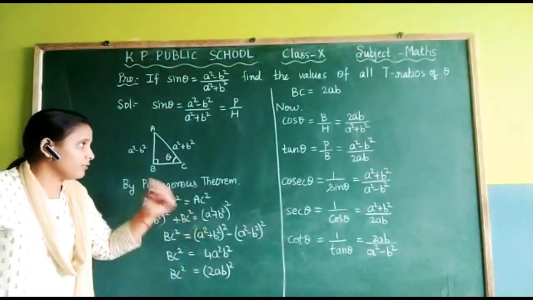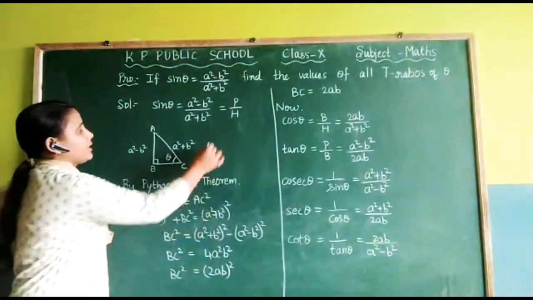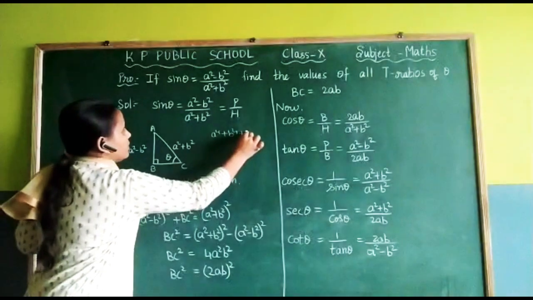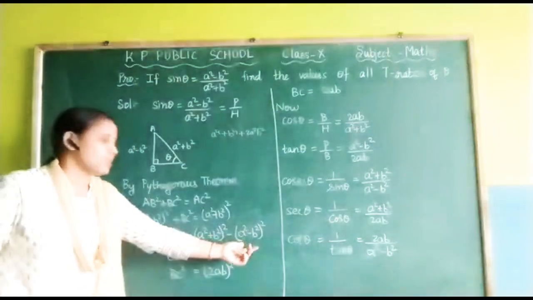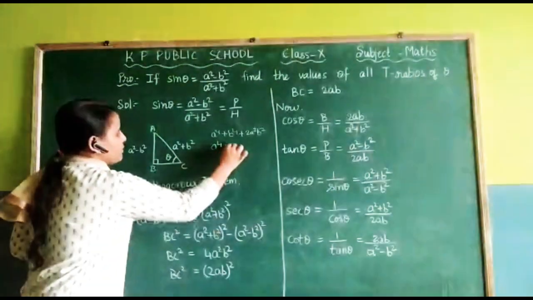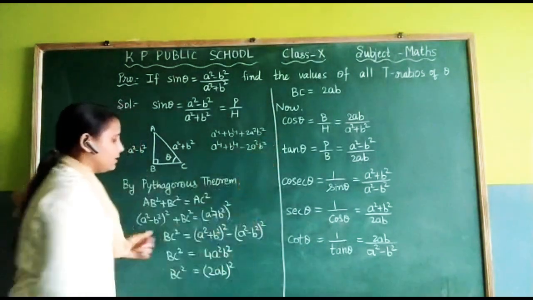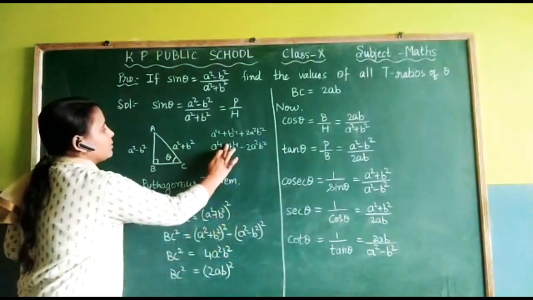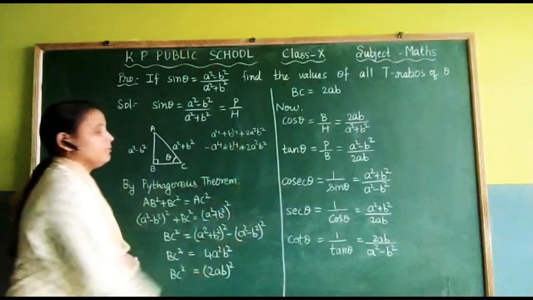Here the value of (a square plus b square) whole square will become a power 4 plus b power 4 plus 2a square b square. And next, (a square minus b square) whole square will also become a power 4 plus b power 4 minus 2a square b square. But here we are seeing there is a minus sign before the bracket, so all the signs will be reversed. That is, this will become minus, this will become minus, and this will become plus.